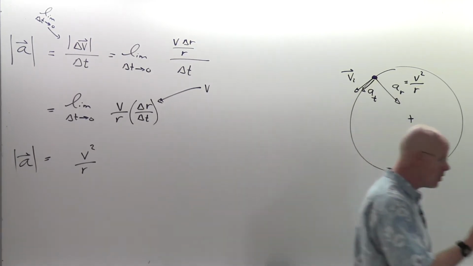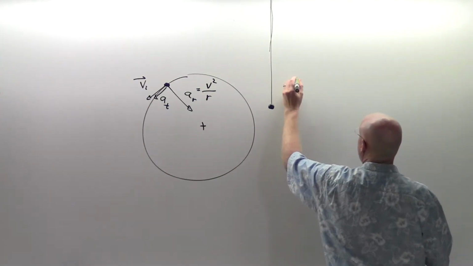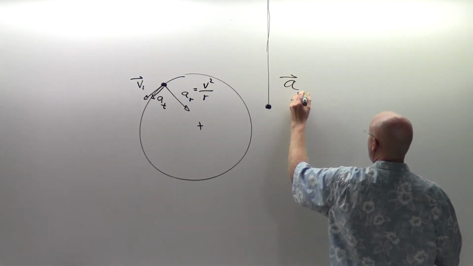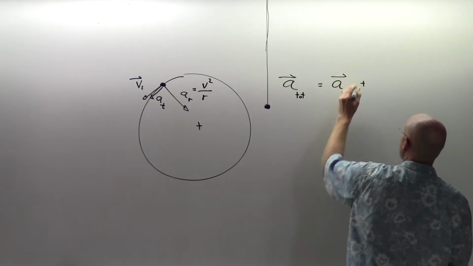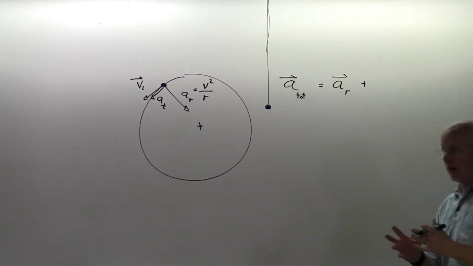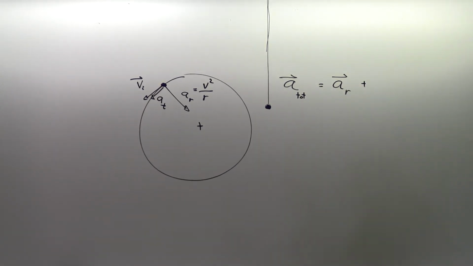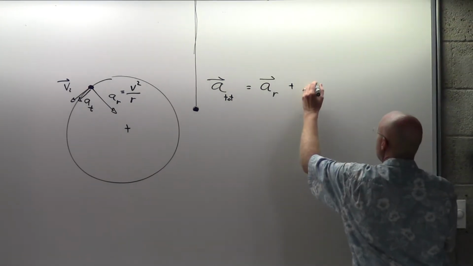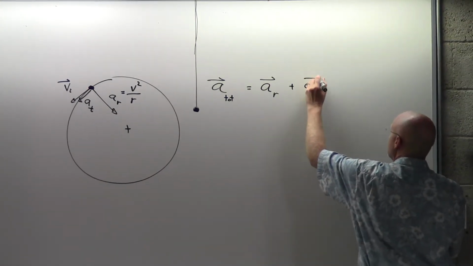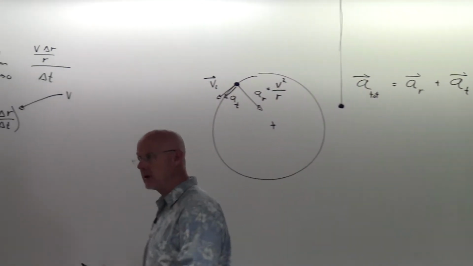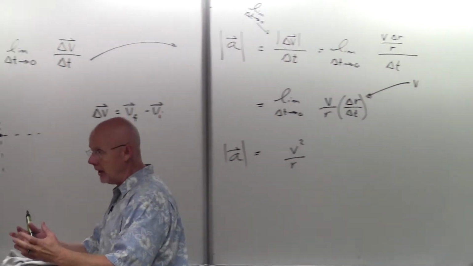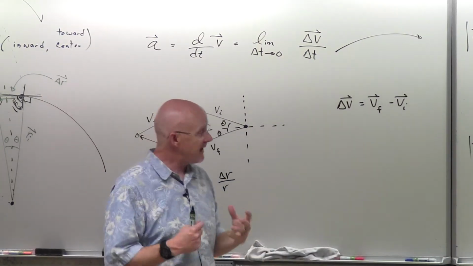And so the total acceleration would be a combination of the radial part, the part that is making it turn, and a tangential part. The tangential part is the part that is going to make it go faster or perhaps slower. In my diagram, I am showing faster.